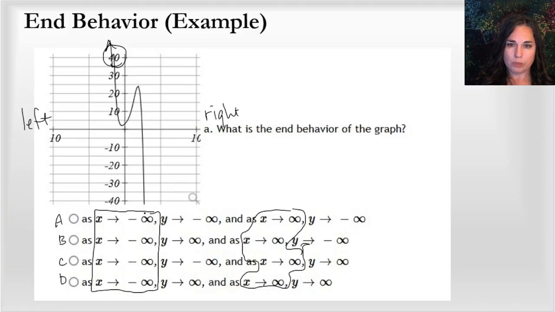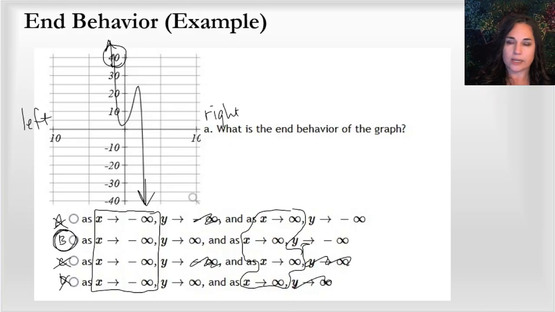So it can't be A and it can't be C, because those have negative infinity. As x goes to positive infinity on the right hand side, I see that y goes to negative infinity. So it can't be this one and it can't be this one. I have narrowed it down to B. That would be your answer on this one.